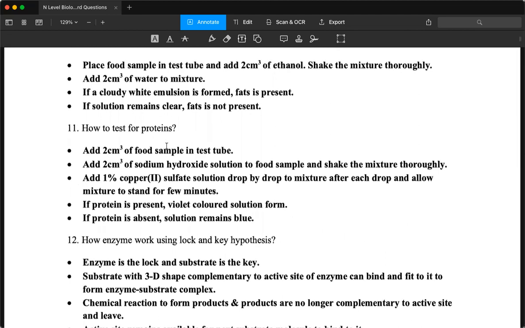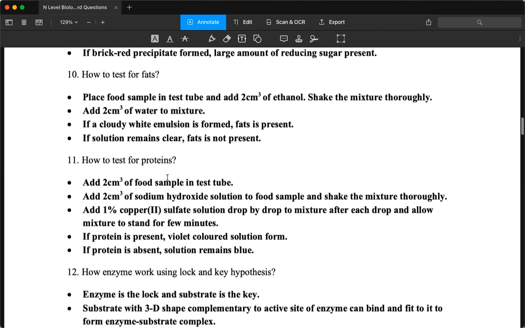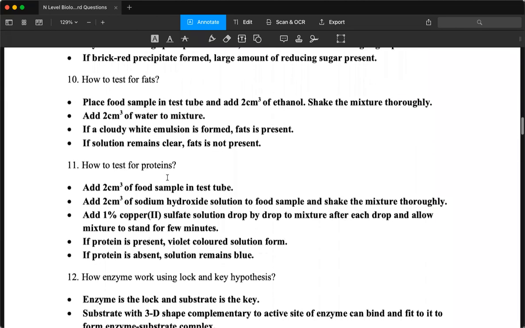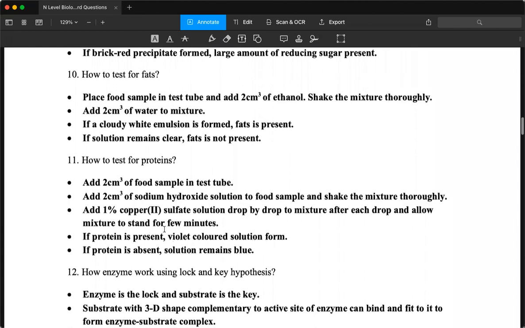To test for protein, this is the hardest for students to remember because it involves more than one chemical where students tend to be confused. But it is very similar to reducing sugar, just that in the test for proteins, there's no need to place the test tube into a boiling water bath.